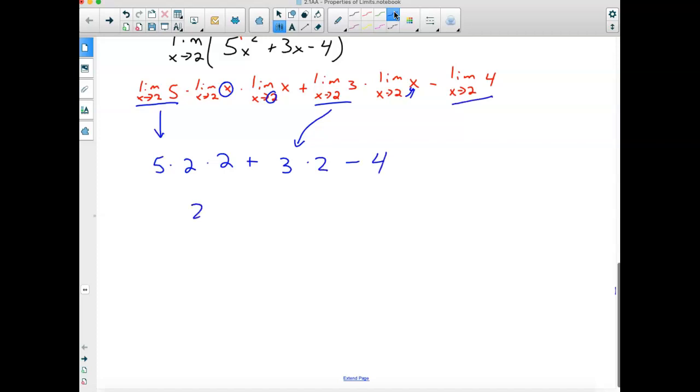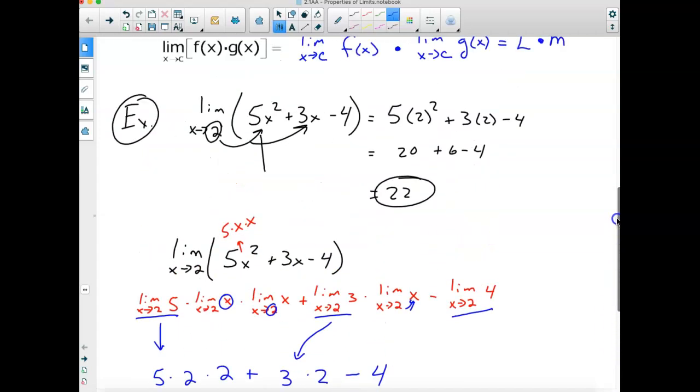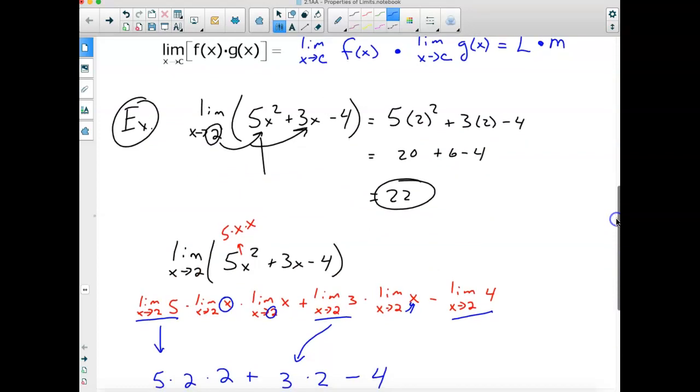What do I get? 20 plus 6 minus 4, 22. However, that was just a big waste of time to do. That's why there's a thing called direct substitution. However, we do need to remember how these properties work to take them apart, okay?